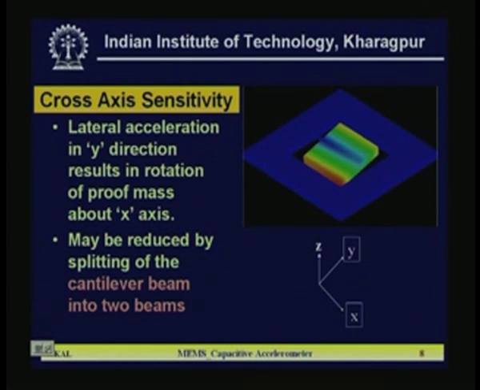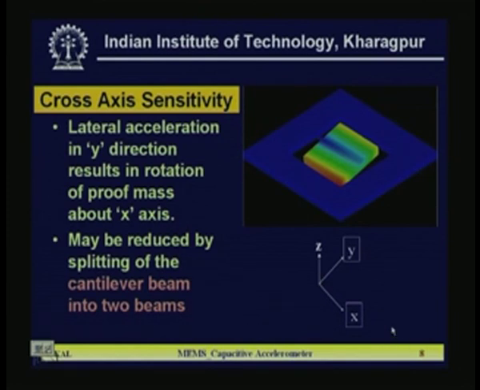So you can see the configuration. If you push it along y direction, it will just tilt, and because of that the gap is also going to change. If you move the structure along y direction or along x direction, the parallel plate capacitance gap should not change, but here it is going to change, because this portion of the proof mass, or seismic mass, will go up and this side will go down, because it tries to rotate about the x direction.